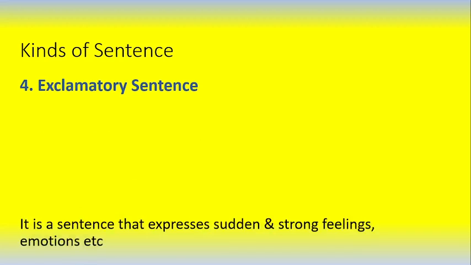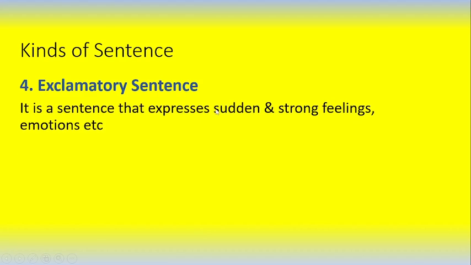And the last one is the exclamatory sentence. What is exclamation? It is a surprise, a sudden feeling. It is a sentence that expresses sudden and strong feelings and emotions. Examples: Oh my god. Oh, what a game. You are watching a cricket match, you feel the game is fantastic, and you tell your friend, what a game.